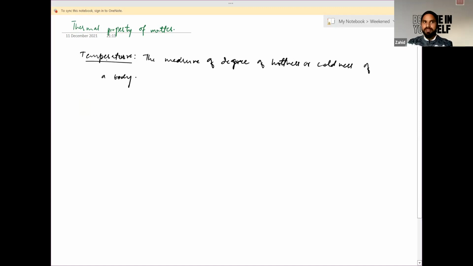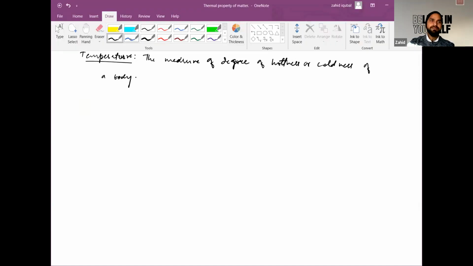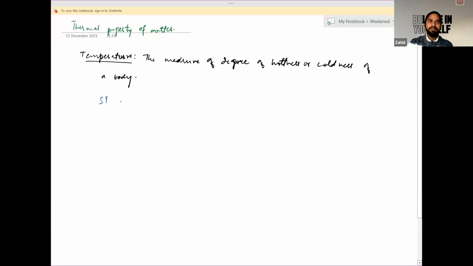So to measure this temperature, we may assign some unit. The SI unit of temperature is Kelvin. We may define some instrument to measure this temperature, which is called a thermometer.